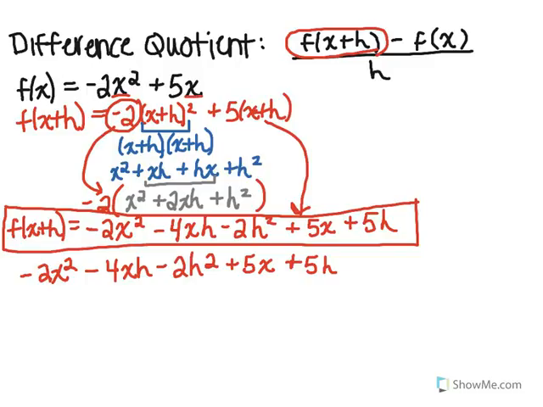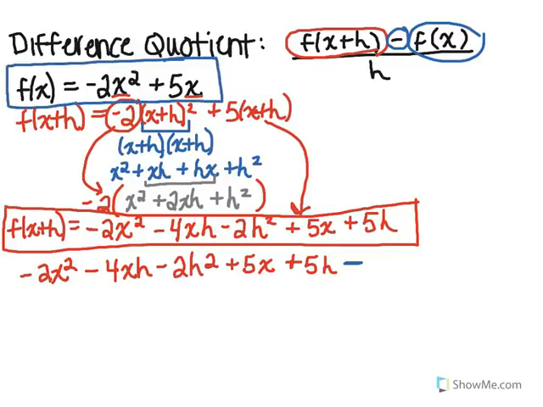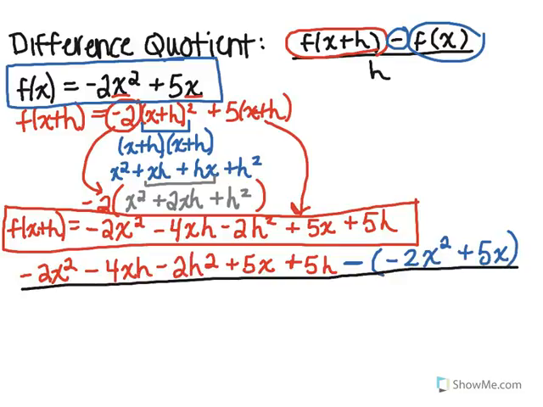And then we have to do minus f of x. f of x is defined to be negative 2x squared plus 5x. So in parentheses, since we're subtracting all of f of x, it's going to be negative 2x squared plus 5x. And then all over the bottom of our expression, which is just an h.